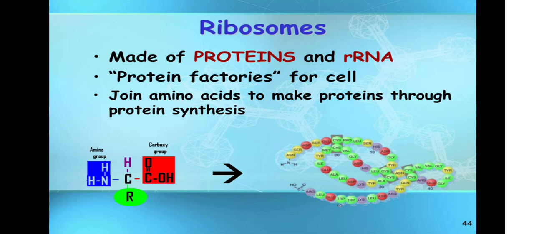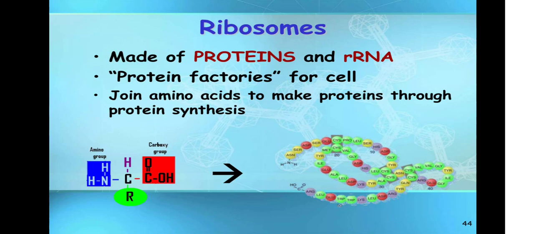So what is ribosome? It is mainly made up of protein and rRNA, ribosomal RNA. Protein factories for the cell. So ribosome is considered a protein factory, as it produces protein. It joins amino acids to make protein through protein synthesis.